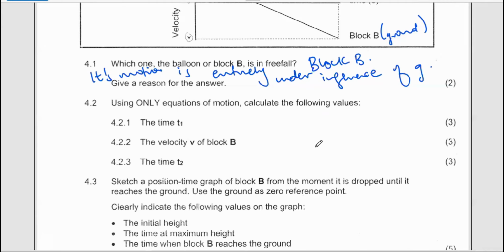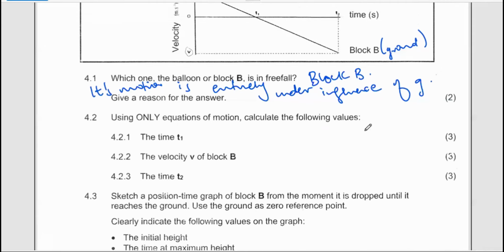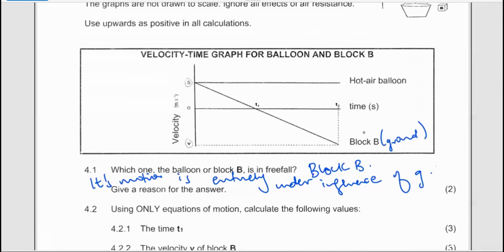Number one, they want us to get the time T1. Because this is the motion of the block, the final velocity is 0 here.